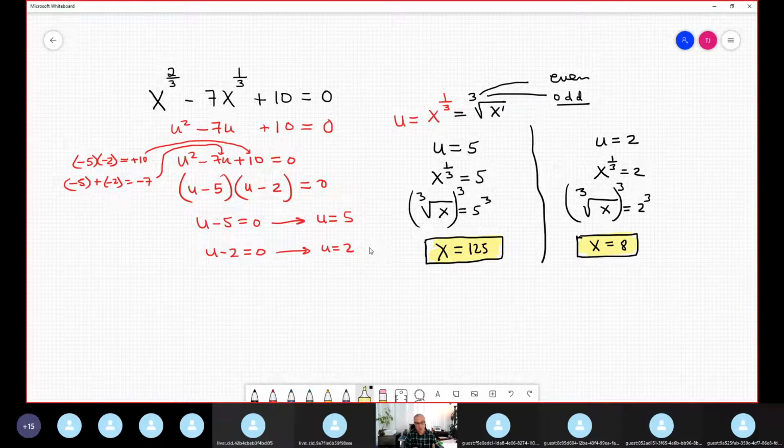I saw that it's twice. So when it's twice, it's quadratic form. We can transform it using the U substitution. When you do that substitution into the original equation, you transform it to a new equation, and the new equation is a quadratic equation. In this case, I make a decision because it's easy.